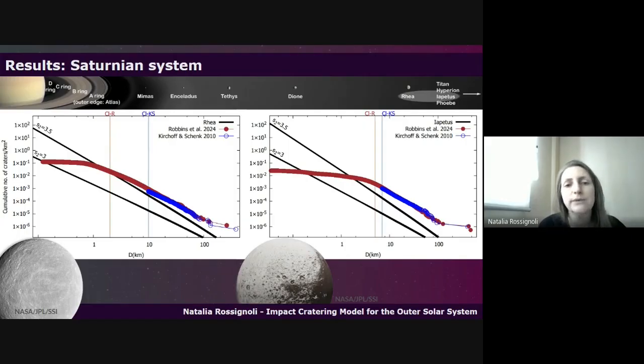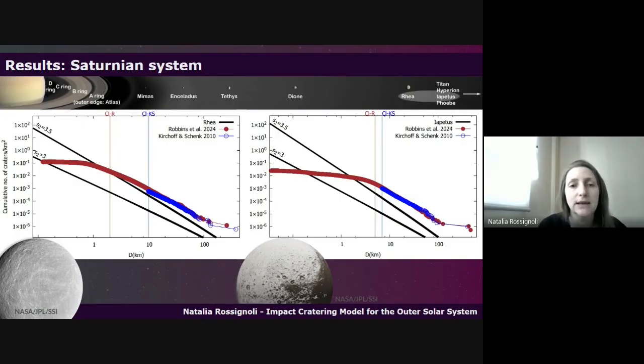But another possibility that we are starting to look into is that orbital migration in this system is very important, as has been presented in many works that model the rate of orbital migration of the satellites.